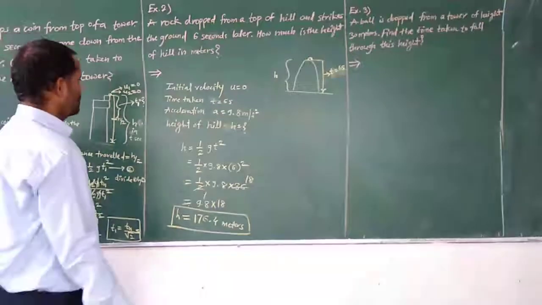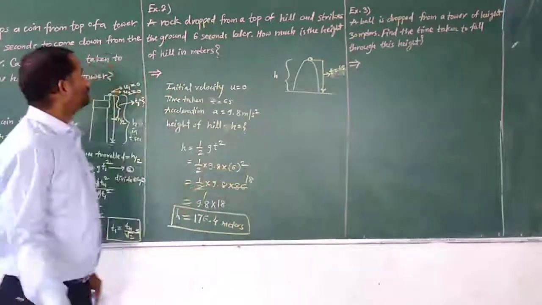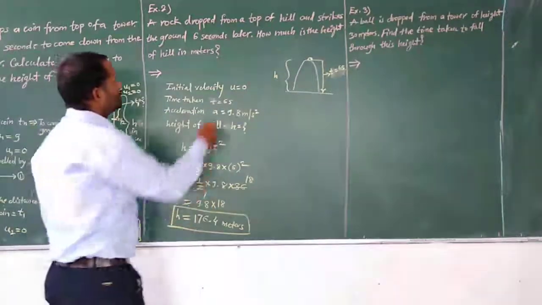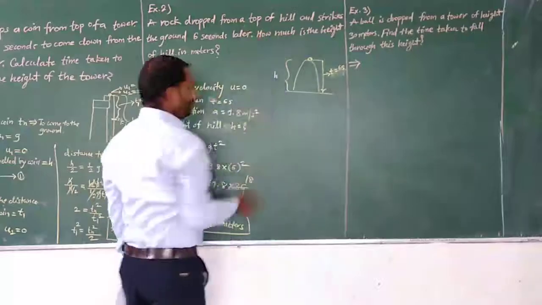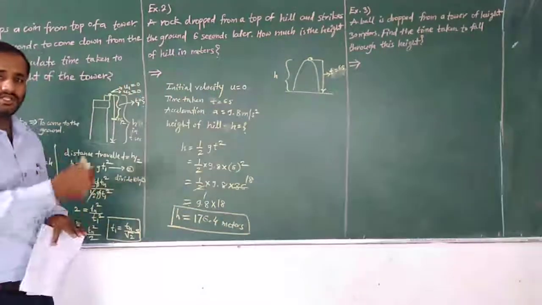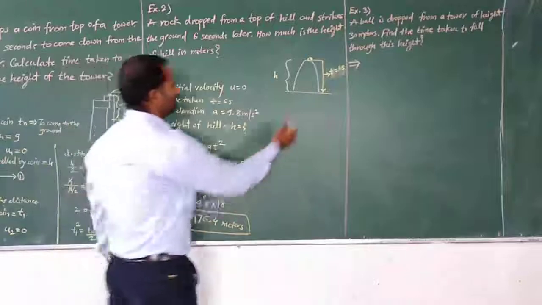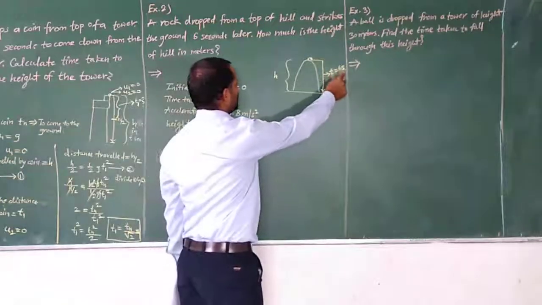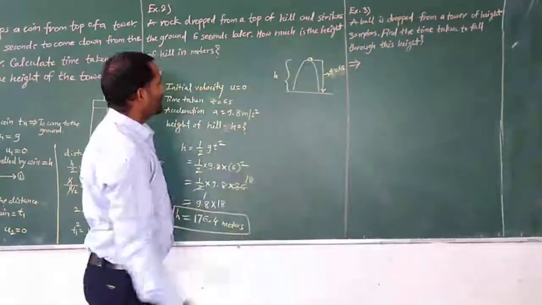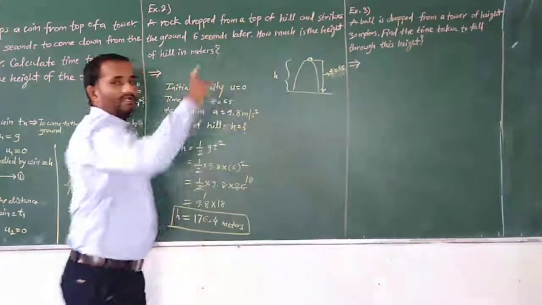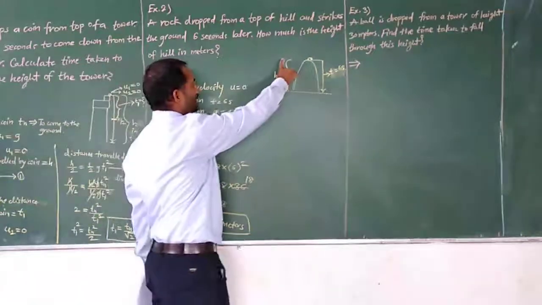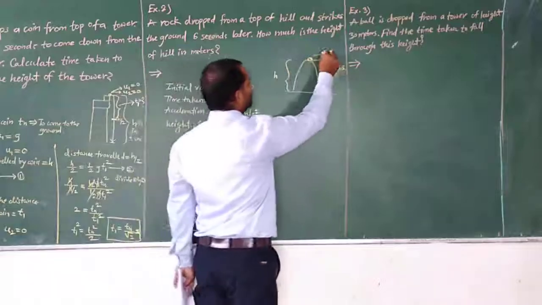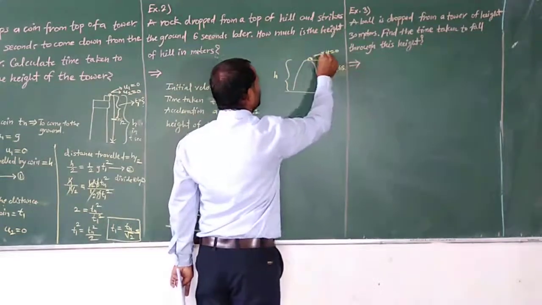तर आपण परत एकदा बघूया. तर एक खडक एका टेकडीवरून खाली पडत आहे, आणि तो 6 सेकंदामध्ये जमिनीवर पोहोचतोय. तर आपल्याला टाइम दिलेला आहे, t 6 सेकंड्स, आणि टेकडीची हाईट फाइंड करायची आहे. Initial velocity u is equal to 0.